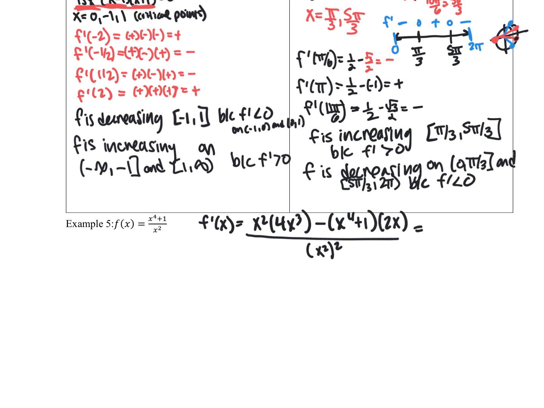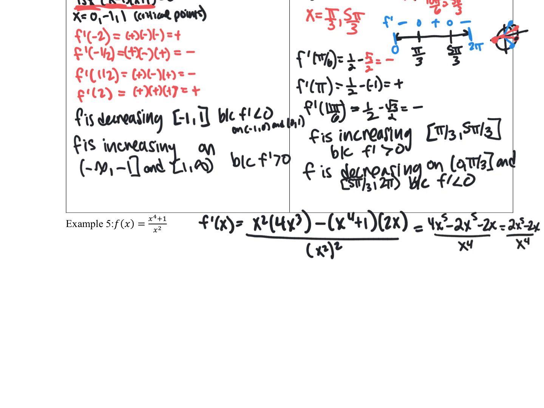And let's simplify this down, because we're not going to be able to analyze this derivative unless it's simplified. So we'll get 4x to the 5th minus 2x to the 5th minus 2x, or 2x to the 5th minus 2x all over x to the 4th.